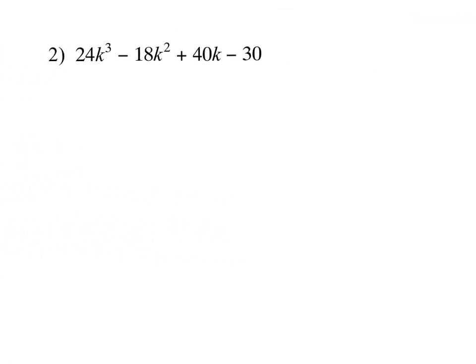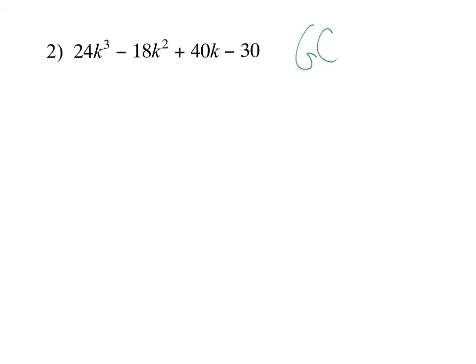In this one, we're going to look for a GCF first, see if there's a GCF for all terms, and we can use some of those divisibility tricks that we looked at before. The big thing that jumps out to me is that these are all even. So we can divide all of these by 2.